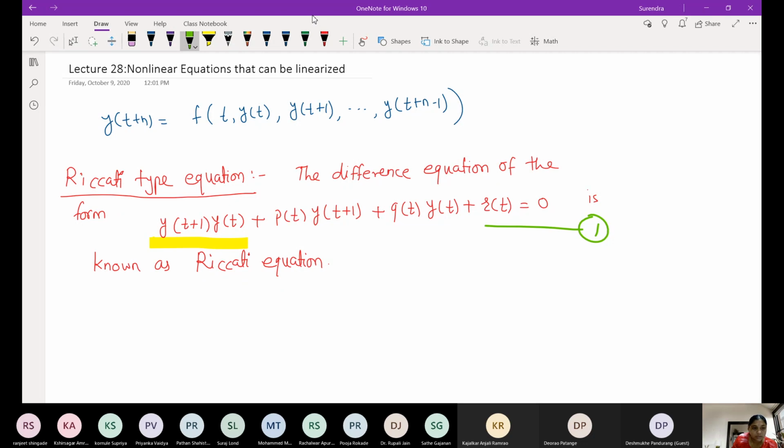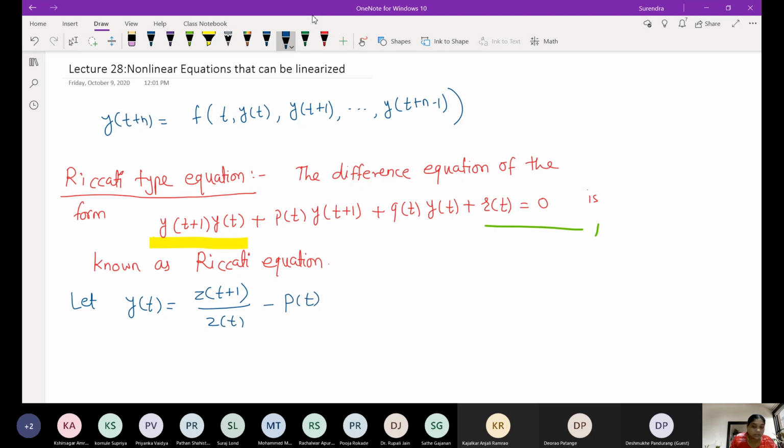So how to solve this? We have to use here y t is equal to, we will use the substitution z at t plus 1 upon z t minus p of t.